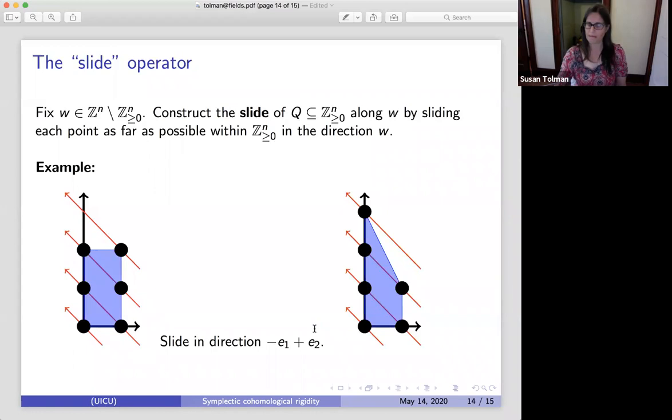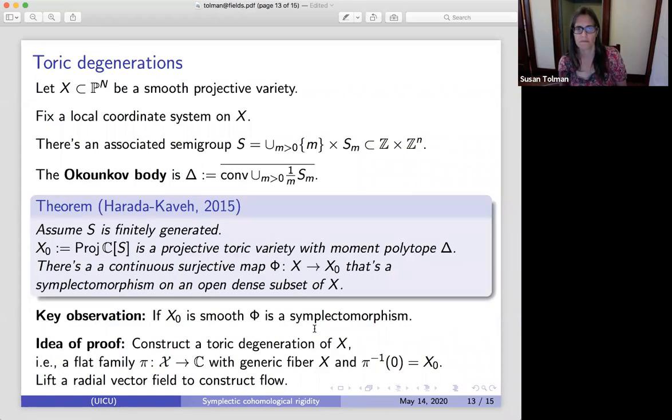Excuse me, Susan. What did you mean by generic fiber is isomorphic to X? Right. So the family curly X is one dimension bigger than X. So if you look at pi inverse of 1, you're going to get a variety which is the same dimension as X, and it actually is isomorphic to X. You take any value a not equal to 0, and take pi inverse of a, this will be a variety.